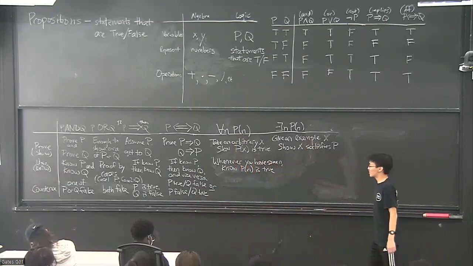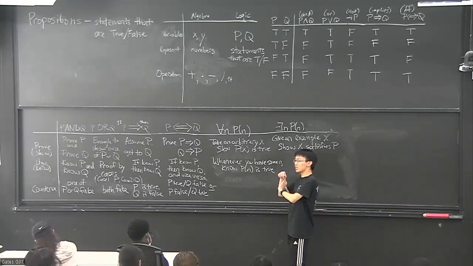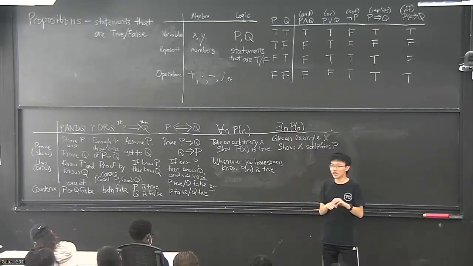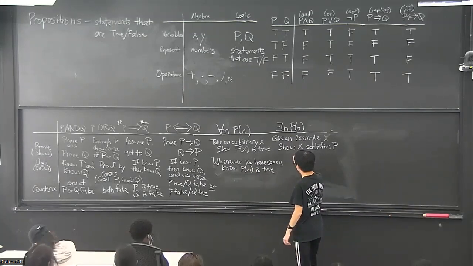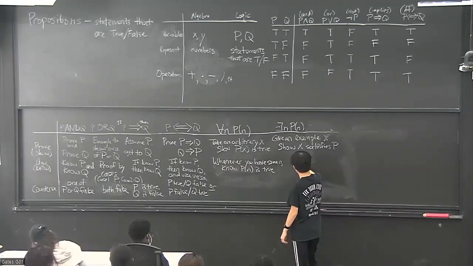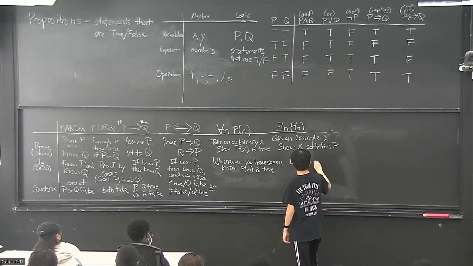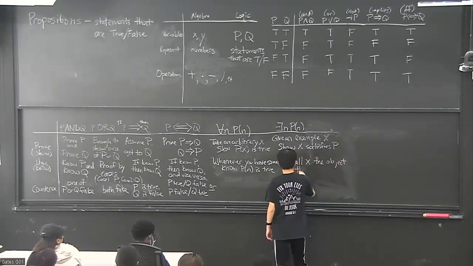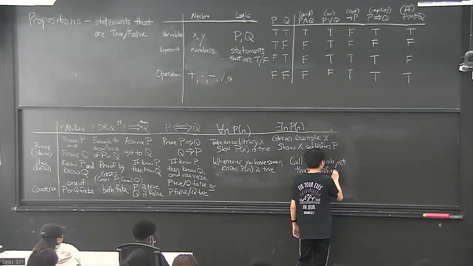Here, to use that there exists, it's kind of tricky, but one way I could say is, to use that there exists something, you can say, call x the object that satisfies P.